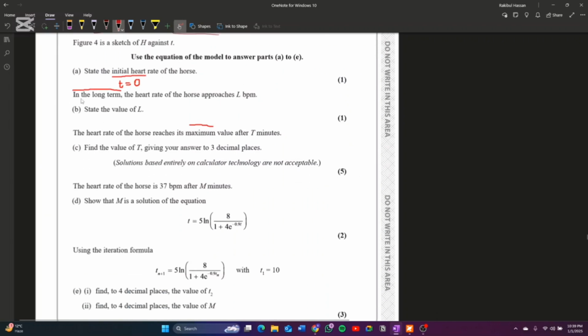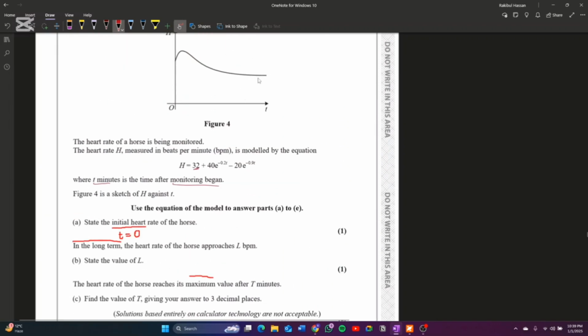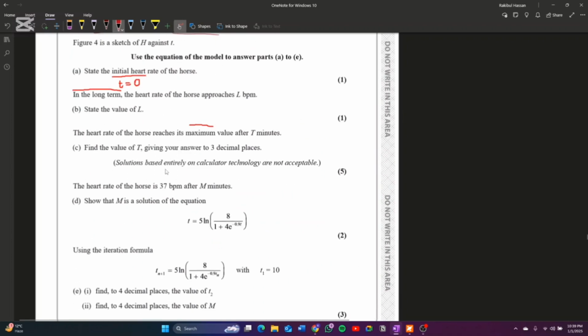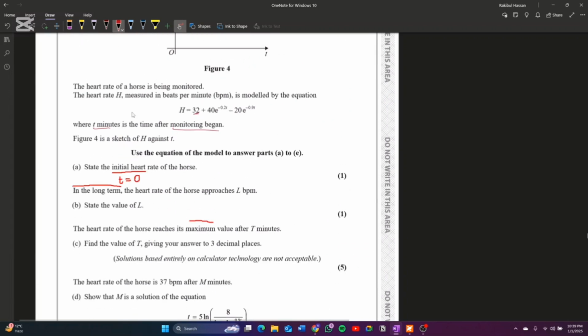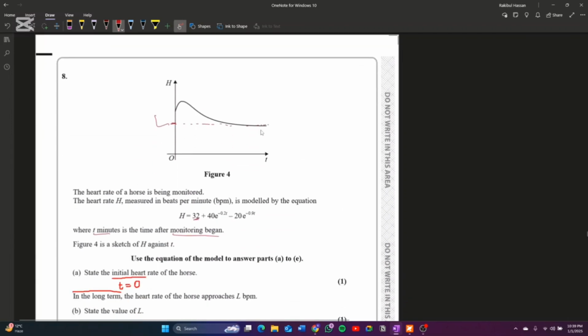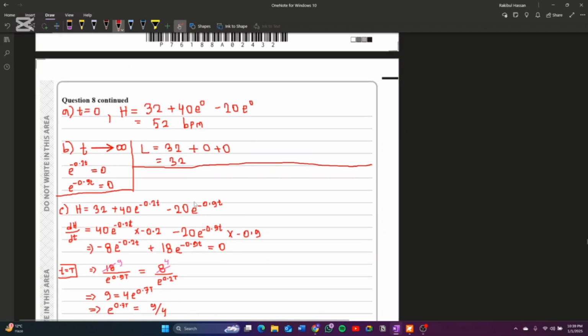Then B says, in the long term, the heart rate of the horse approaches L. This value would be L. State the value of L. The value reaches a constant rate.